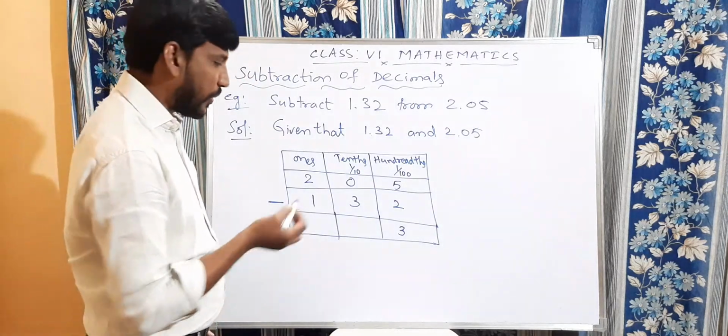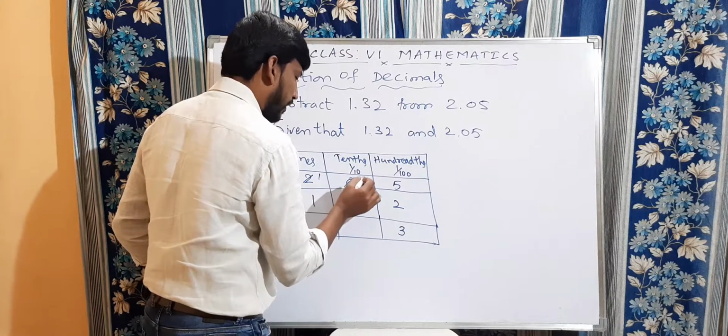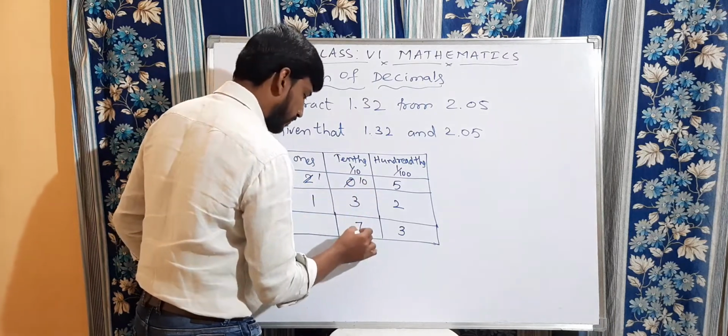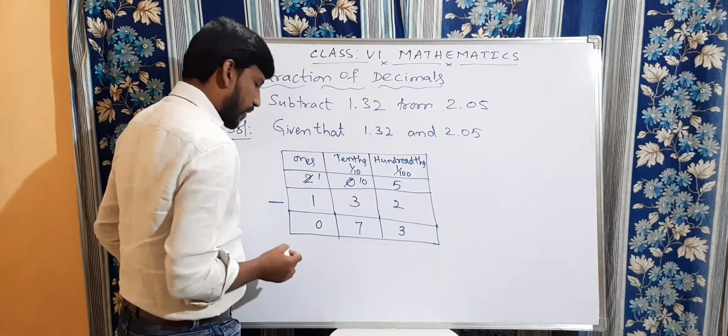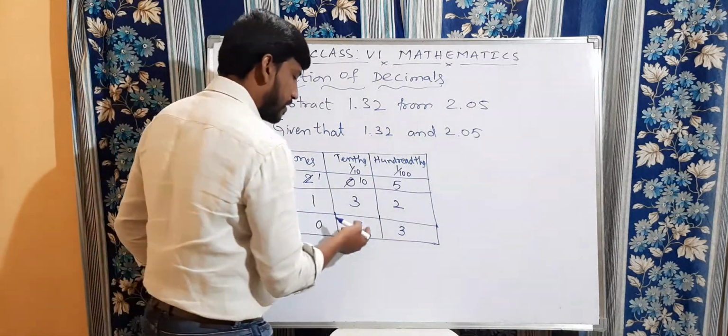No, it is not possible. We need to take the bar. This will cancel 1, and here you get 10. 10 minus 3, 7. 1 minus 1, 0. So what is the value here? As a decimal, 0.73.